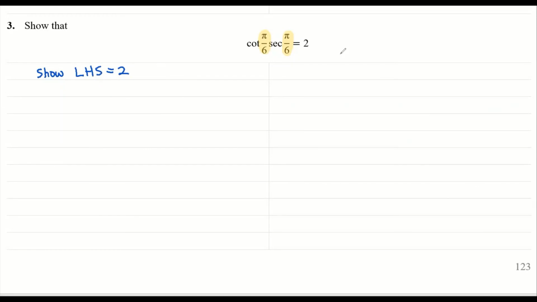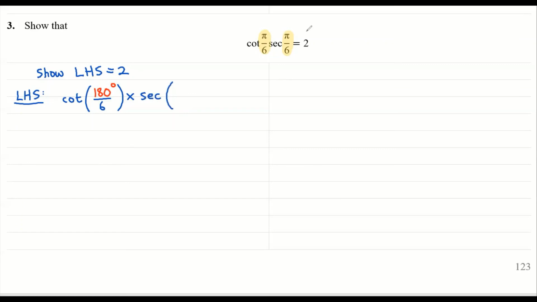I will do that. So on the left-hand side, we have cot, the cotangent, and this is going to be, instead of pi, let's put in 180 degrees over 6. We're multiplying that by, remember that the multiplication symbol is not there. It's implied in the way it's written. Multiplied by the sec of the same angle.